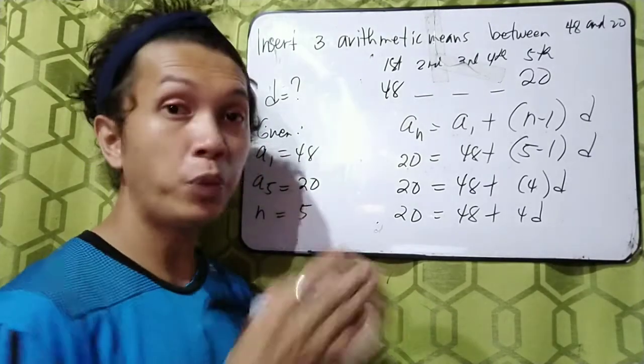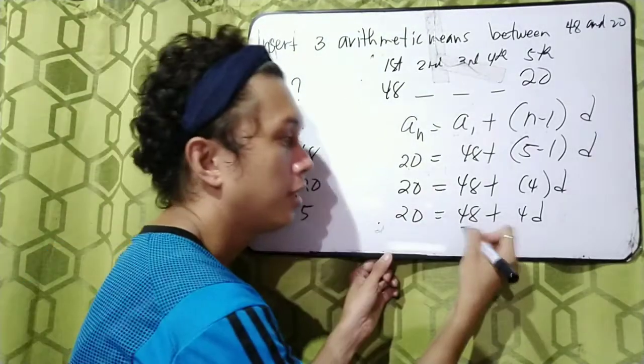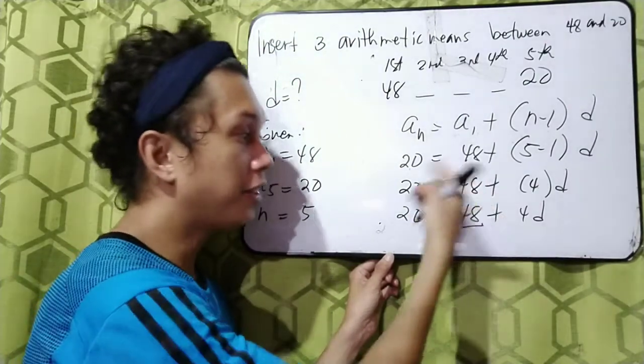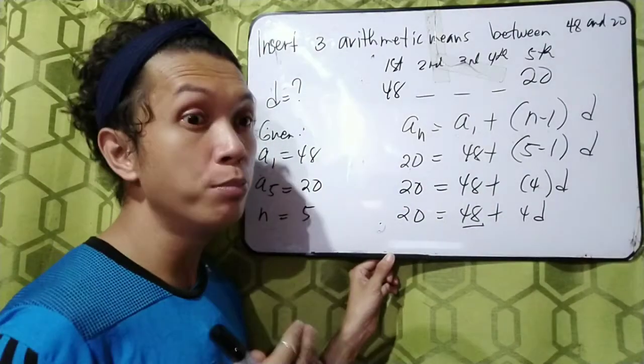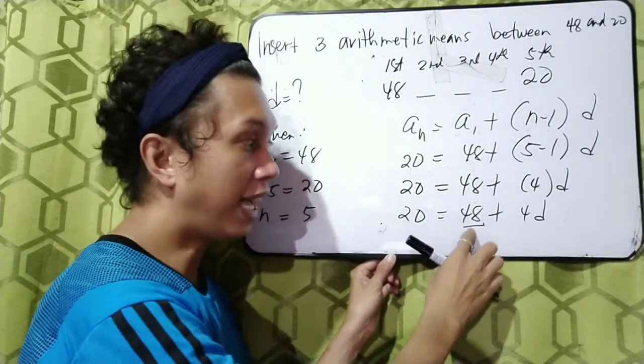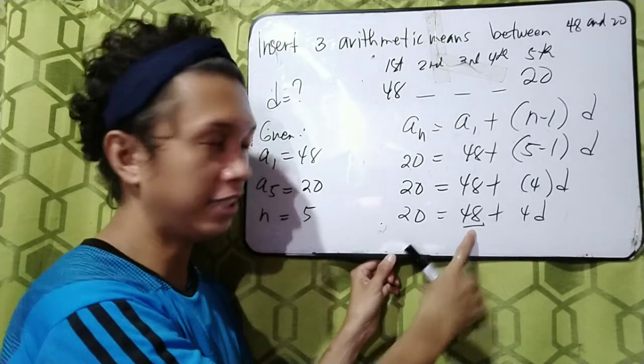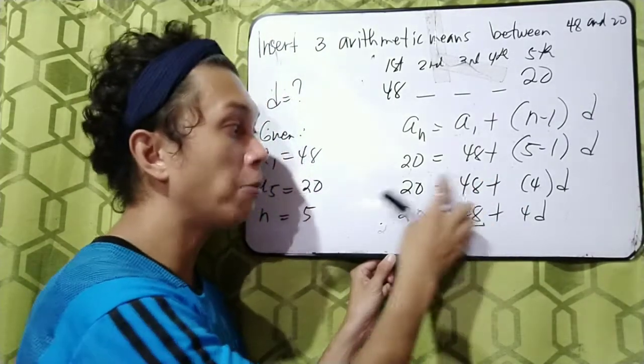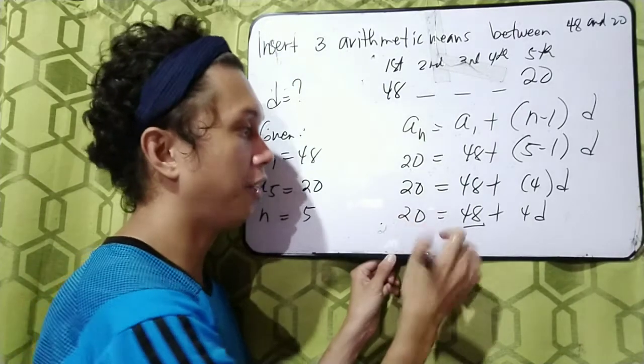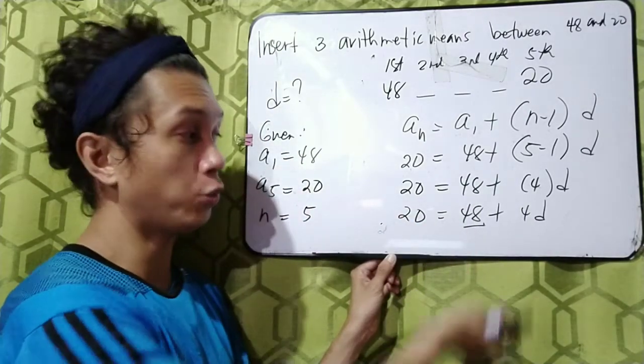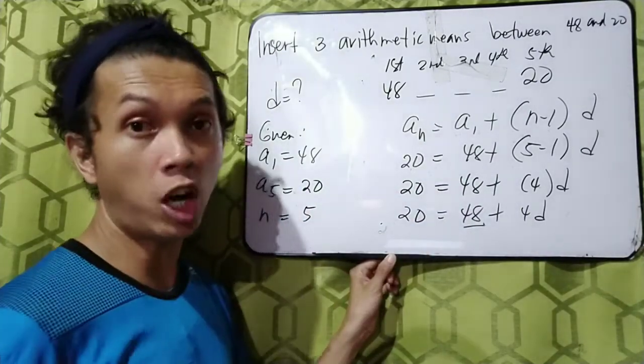When we transpose, we move 48 to the other side of the equation. As we move it, its sign will be changed to the opposite. So from positive, this now becomes negative. And if this is negative, as we move it to the other side, then it becomes positive.